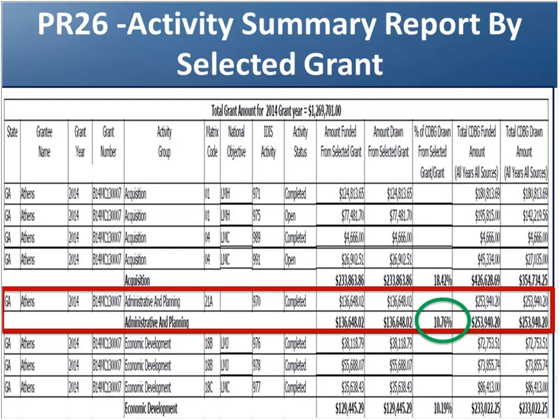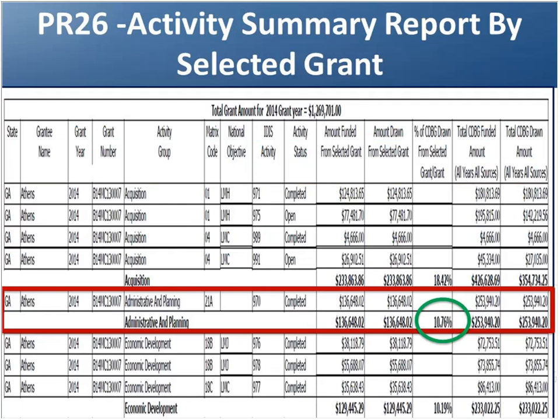You see acquisition, admin, and all the admin and planning activities are grouped together. Then the green circle tells you the percentage of the total grant amount that was expended for admin and planning activities.